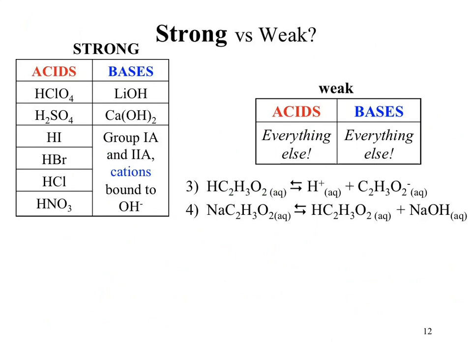When we react sodium acetate with water, remember it's aqueous, we definitely dissociate into the ions, but then our acetate ion can react with the water to generate our conjugate acid and the conjugate base, our hydroxide ion.